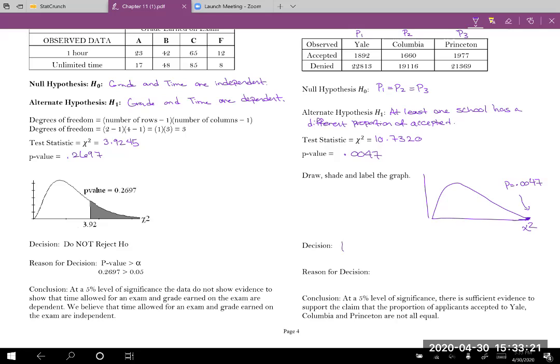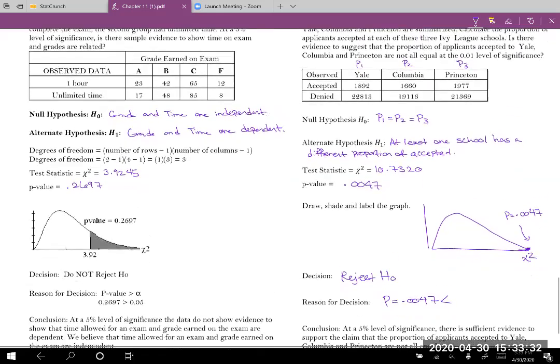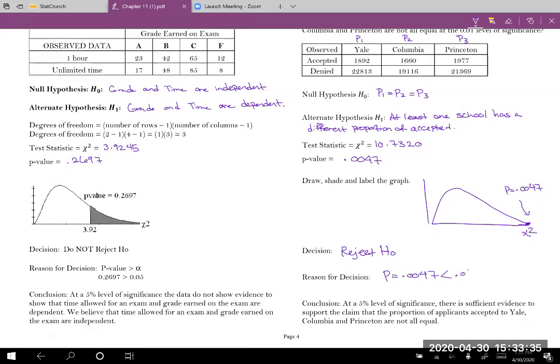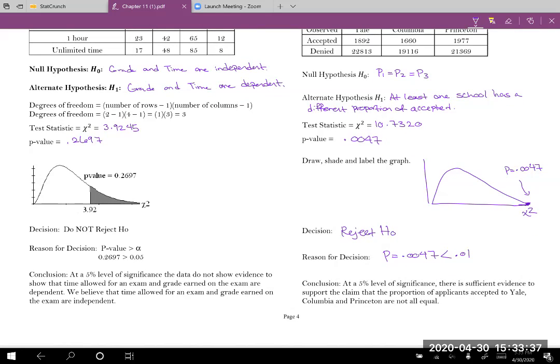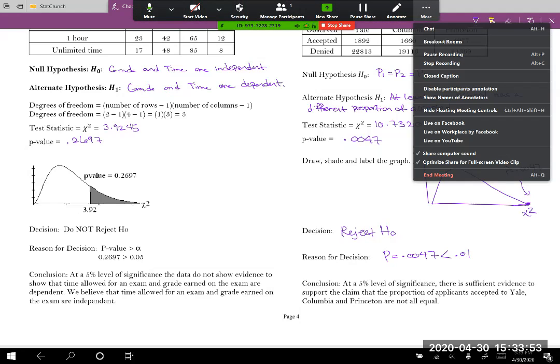The decision is to reject the null hypothesis. And the reason for that is because 0.0047 is smaller than the significance level in this problem, which was 0.01. So there is sufficient evidence to support the claim that the proportions of applicants accepted to Yale, Columbia, and Princeton are not all equal. So that's the end of this section.